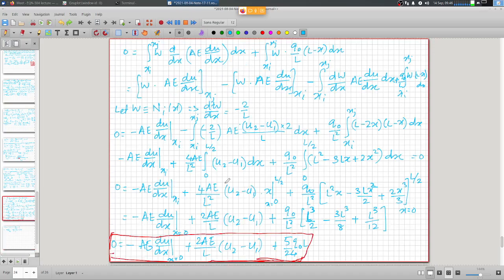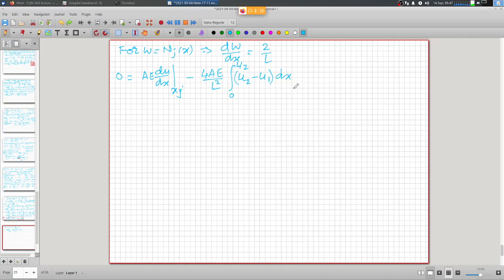I think that was it. u2 minus u1 L by 2, so fine. And this one would be q0 by L plus q0 by L square integral 0 to L by 2 x multiplied by L minus x dx.